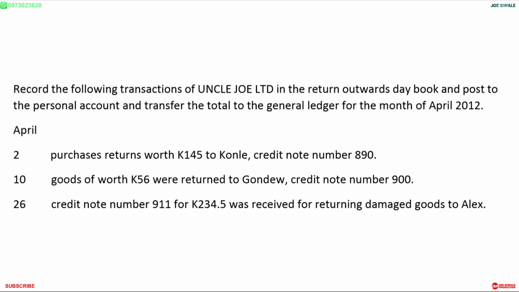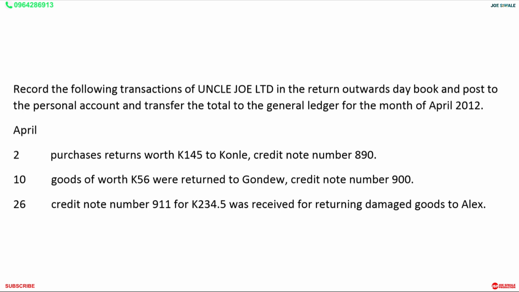On 2nd April, purchases returns worth 145 kwacha to Conley, credit note number 890. Then on the 10th of April, goods worth 56 kwacha were returned to Kondwe, credit note number 900.